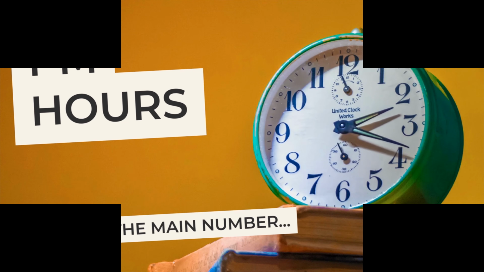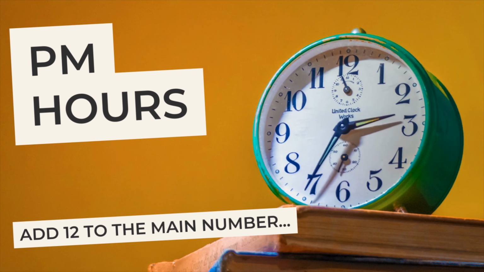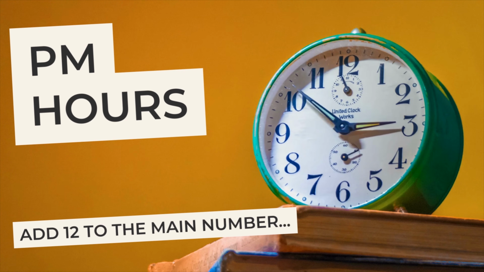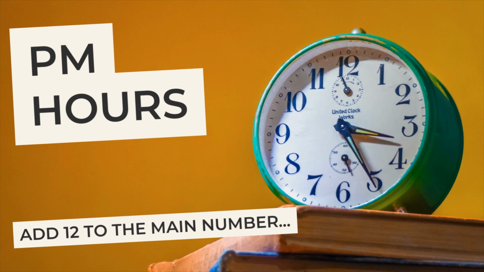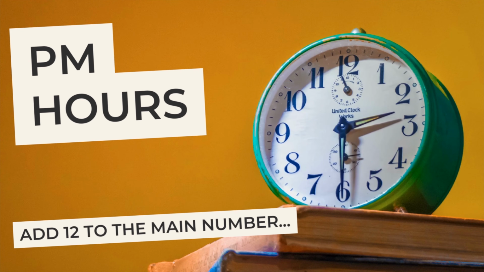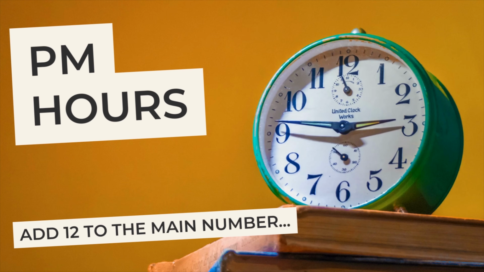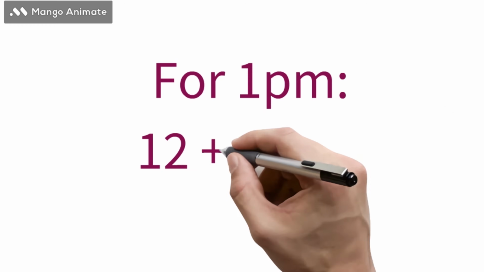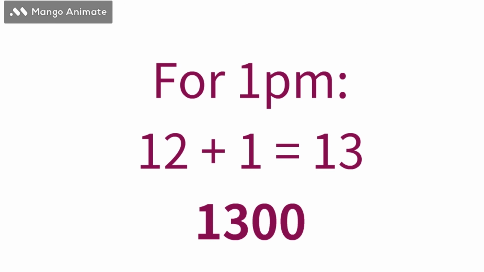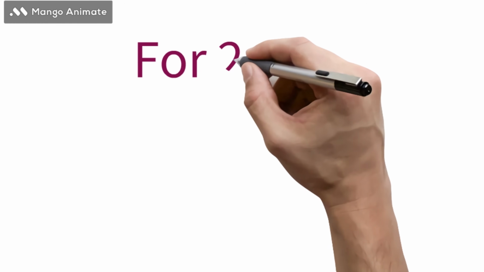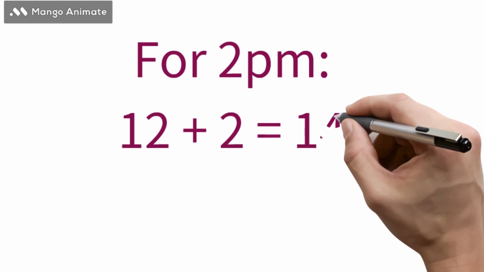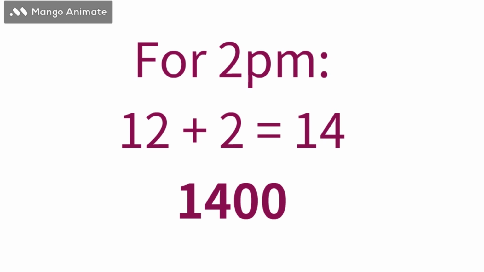Now when we get into the p.m. hours, it's when it gets tricky. But what I want you to know is you add 12 to the main number. Why 12? Because the clock has 12 at the end of the day. So for example, if it's 1 p.m., you add 12 to the 1 to make 1300. If it's 2 p.m., you add 2 to the 12 to make 14.